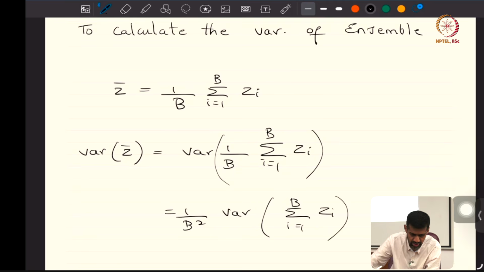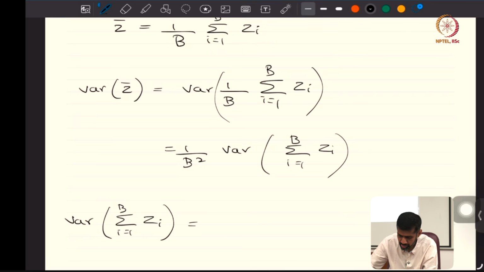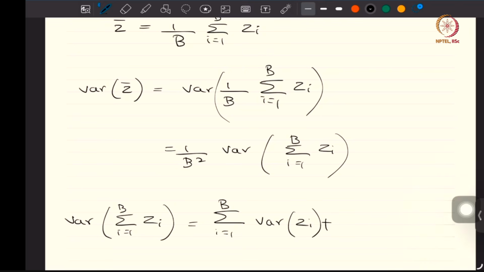Now, the variance of a sum of B random variables, what is this equal to? When the random variables are not statistically independent, we have the individual variances plus the covariances for all the cases where i is not equal to j. We have just calculated what the covariance is, correct. Can I skip the algebra and simply write the final expression? Please do the algebra.